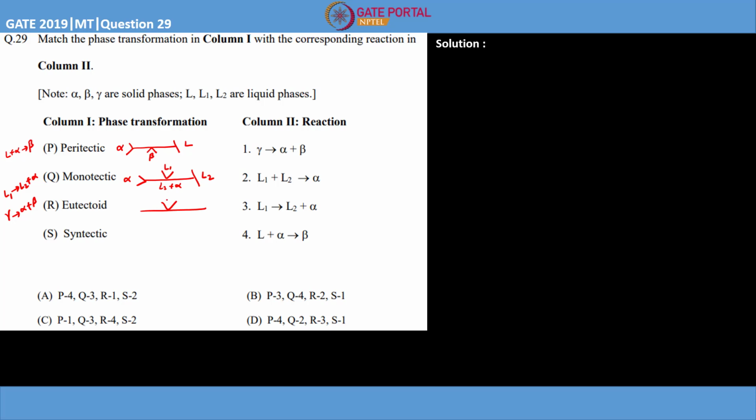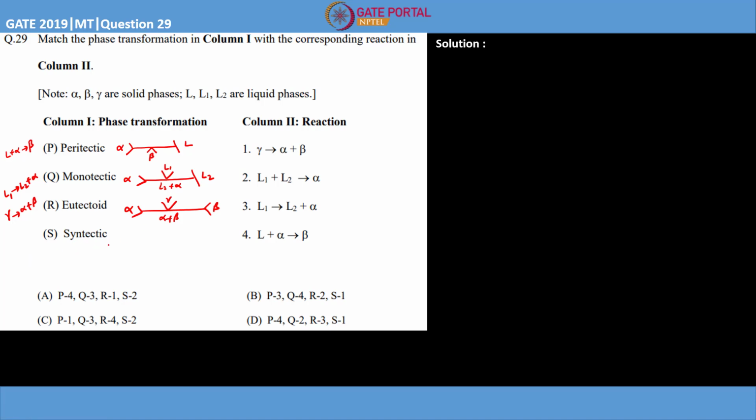We have a solid phase gamma, and when you cool down, this gamma will be converted into alpha plus beta region. So this is how it will look in a phase diagram. Gamma will be converted into alpha plus beta phase at this particular composition and at this temperature.